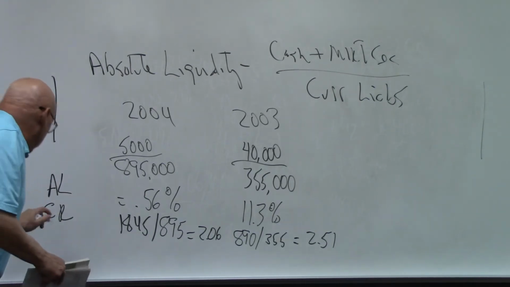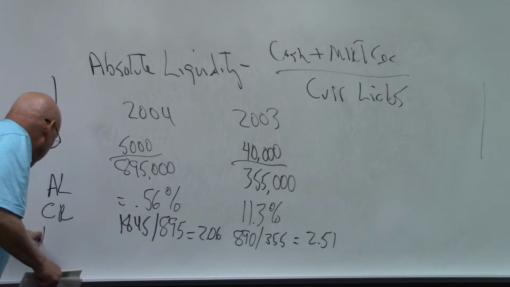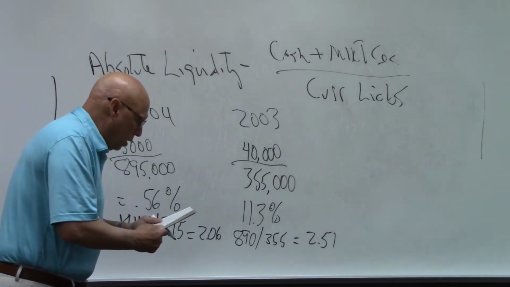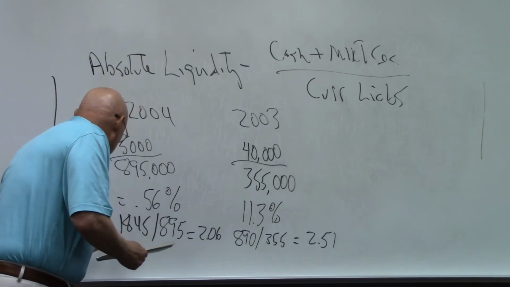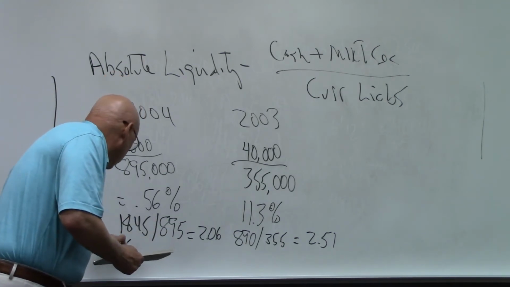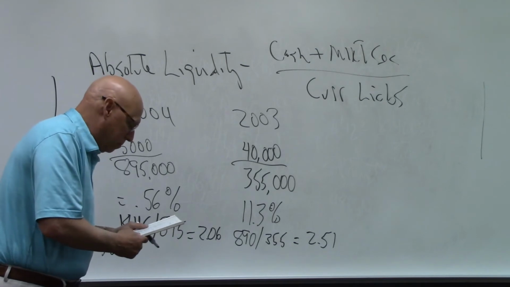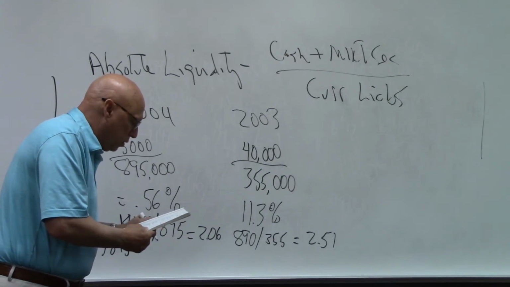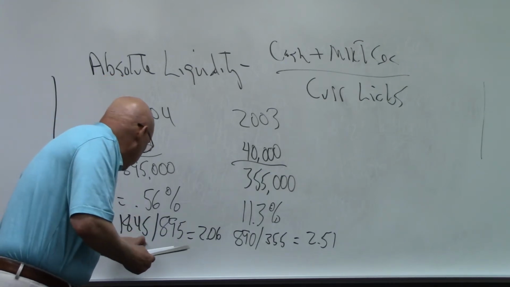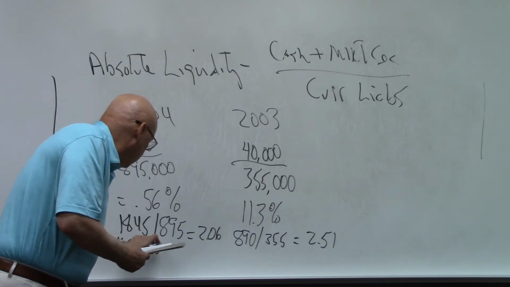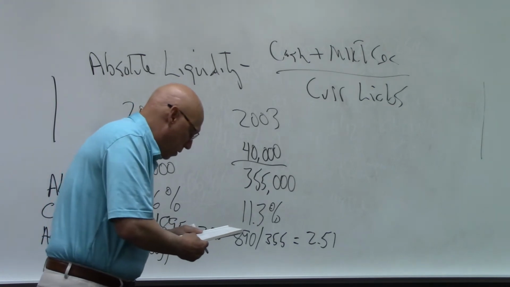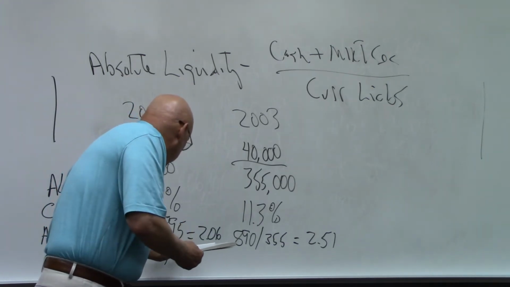And then let's do the acid test. And that's going to be 1845 minus inventory of 1,300 divided by 895.